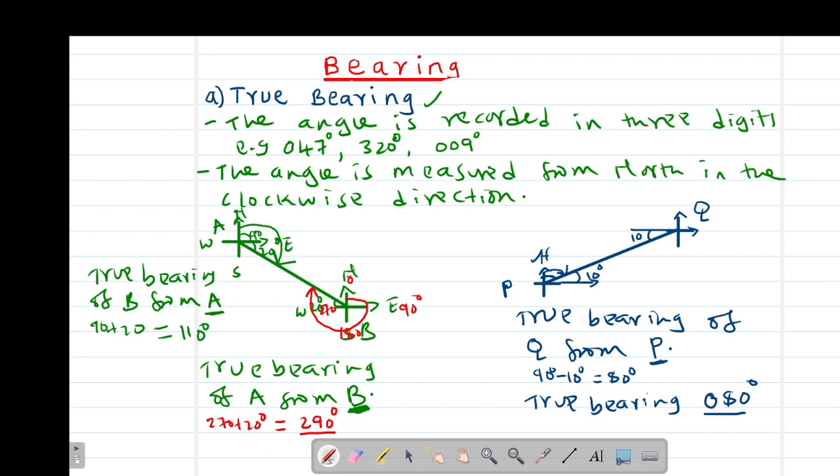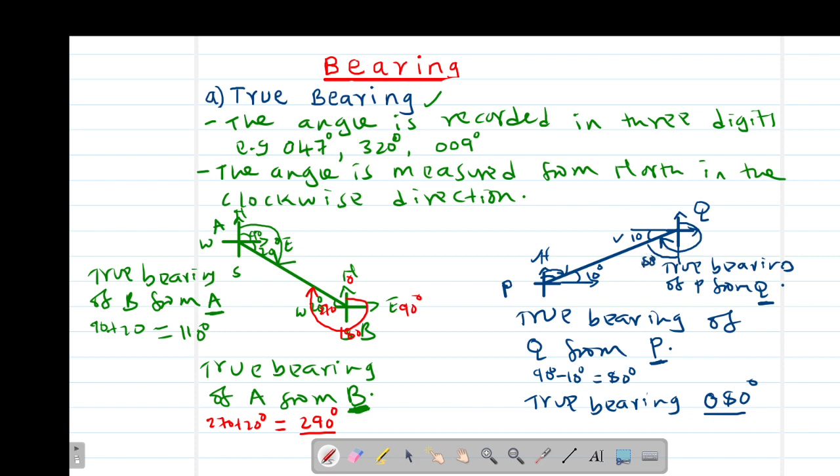Similarly, if you are told to measure the true bearing of P from Q, then you are going to measure from the point Q. So from point Q, you are going to move in a clockwise direction this way. So this is the angle that is required. If this is 10 degrees, it means the remaining angle up to this line will be 90 minus 10, which is 80 degrees.